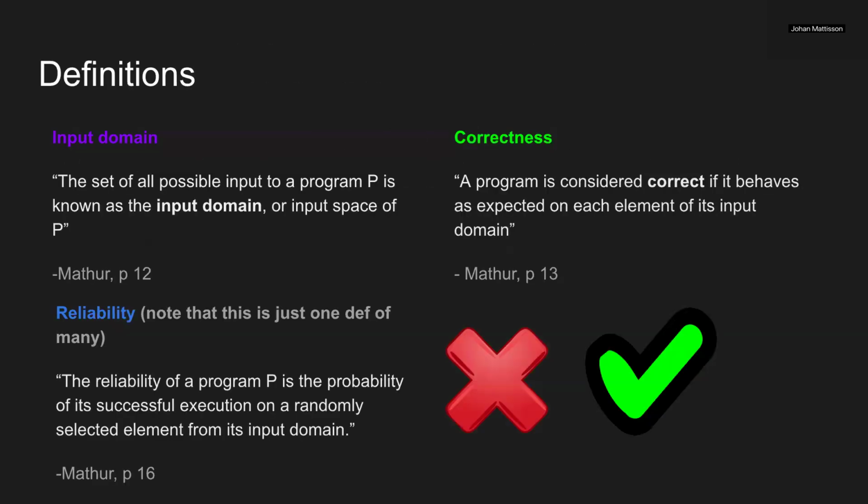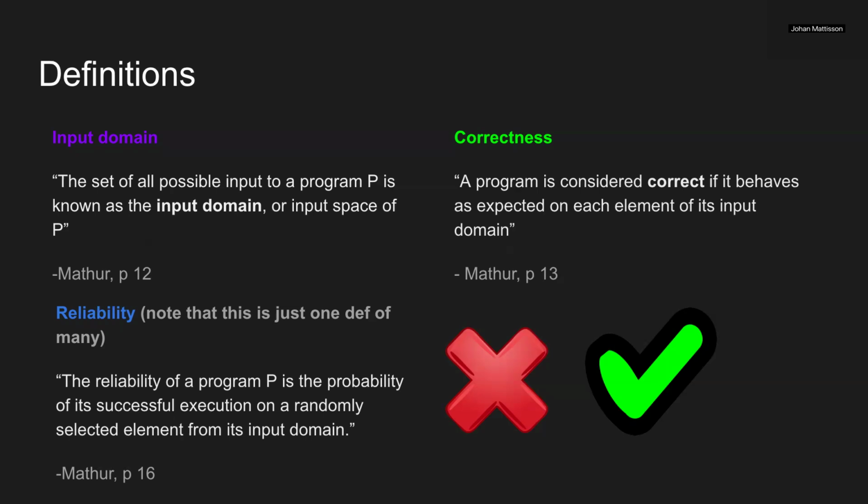Okay, let's go back. So first of all, we should repeat some definitions that we did in the first lecture, if I remember correctly. The input domain, that was all the inputs that we can send to some unit that we were testing, some system under test, basically.